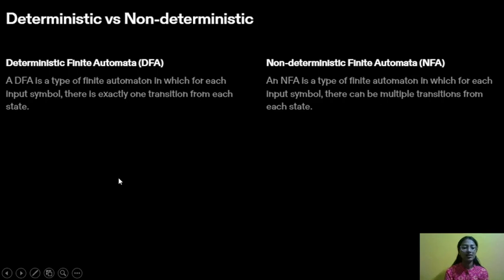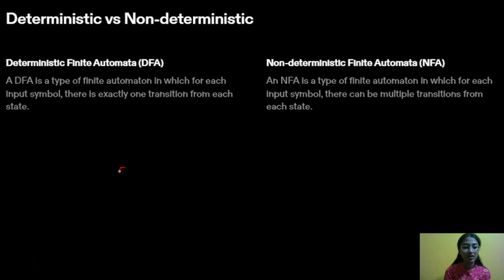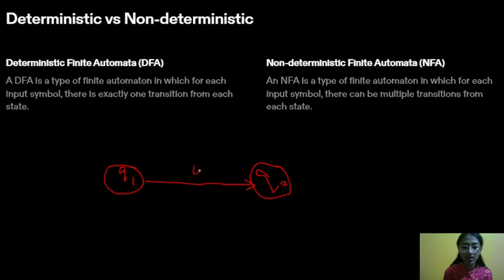So let's take one example here. Q1 is the initial state and Q2 is the next state, where there is a transition from Q1 to Q2 with an input value of 0. The starting state is represented with an arrow.